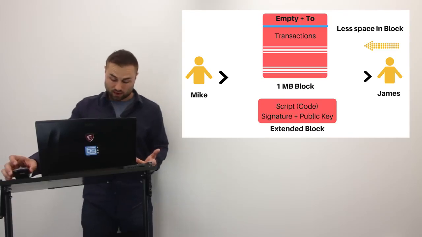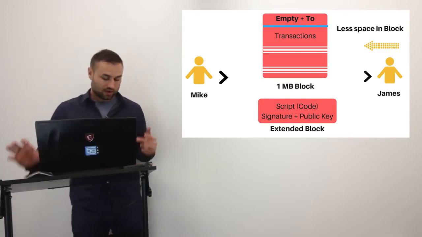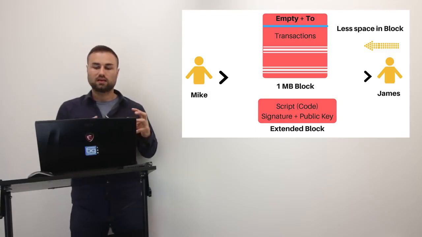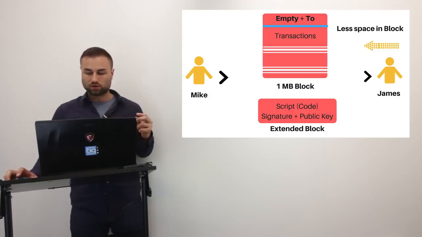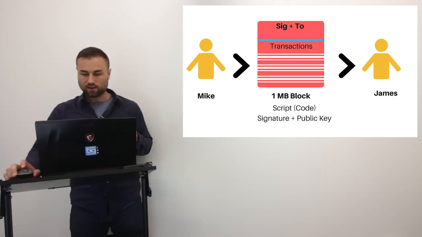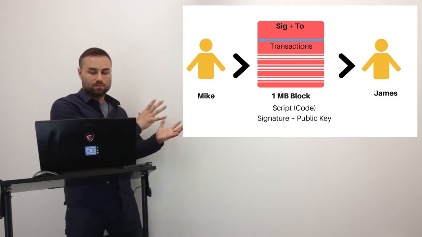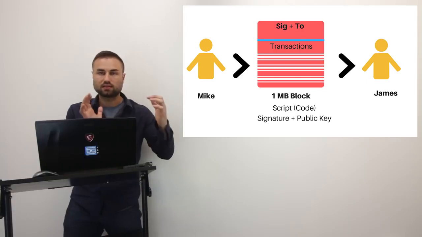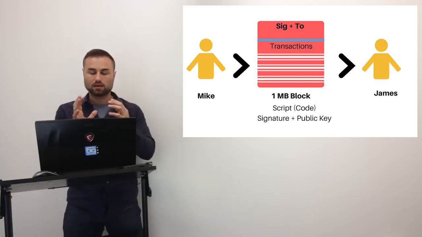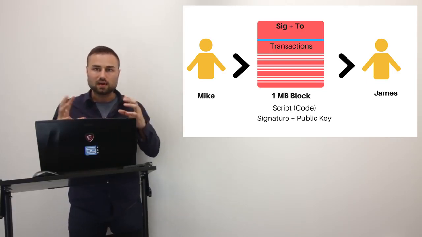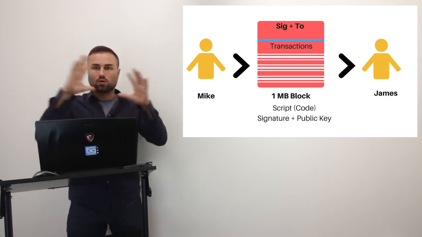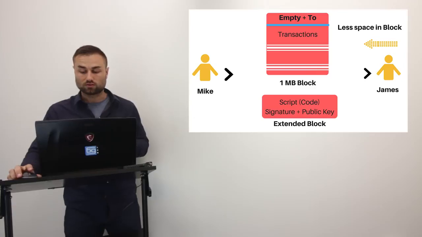If I had to summarize, like I said, I'm trying to distill this as simplistically as possible, so let me go back to the original image. Every transaction has a script. In that script, you have a signature and a public key, and that takes up a lot of data within that one block. So that data is clogging down the whole network. What segregated witness wants to do is rip it out.